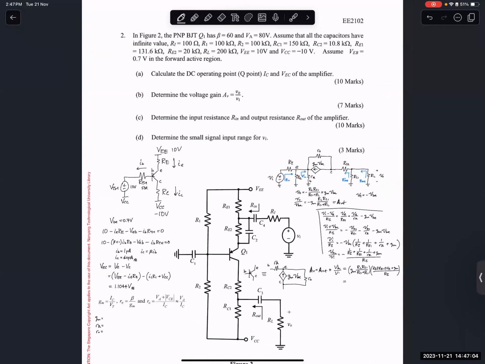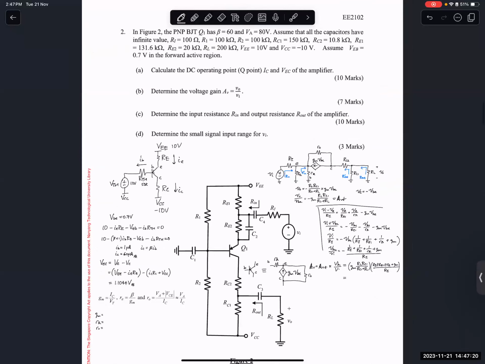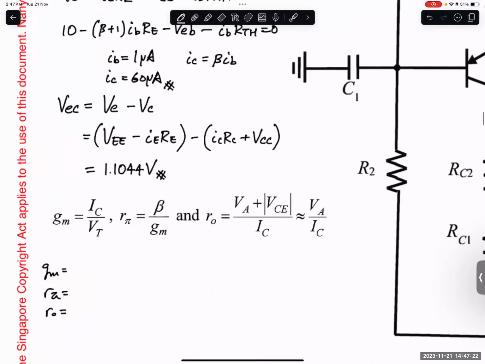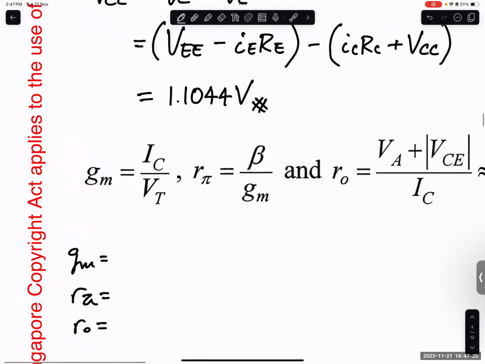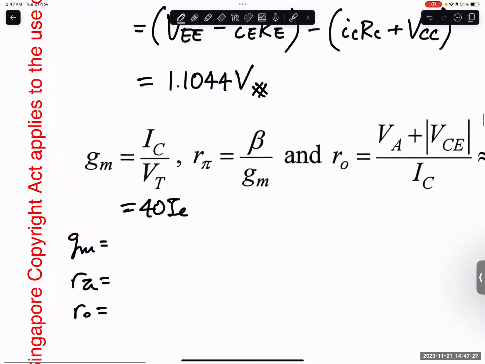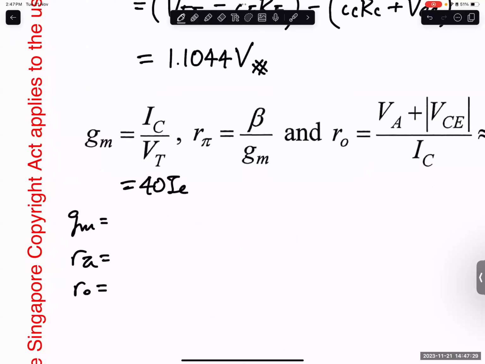What did I use again last time? Yeah, it's 40 IC. Oh, okay, I see. Just 60 micro times 40. So it's just 2.4 milliamps.